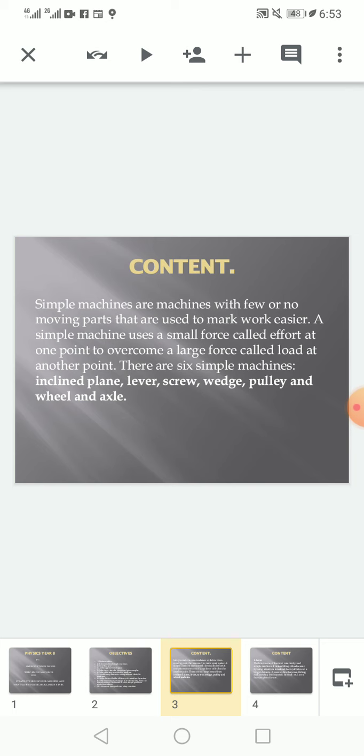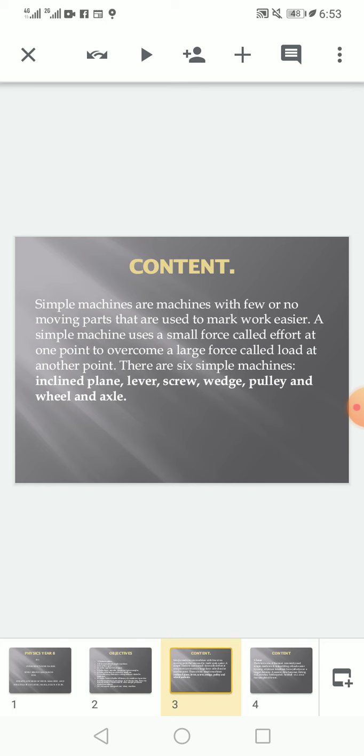So in a simple machine, there are two forces in action: the smaller force, which is called the effort, and the larger force, which is called the load. So the ability to apply a small force called effort to overcome a larger force called load is what makes a particular object to be described as a simple machine.